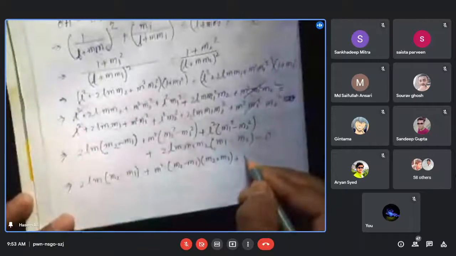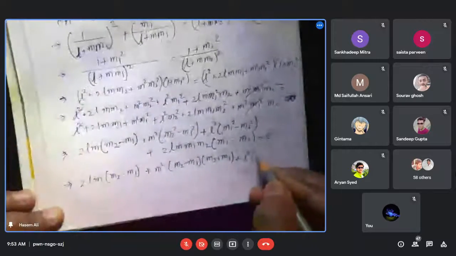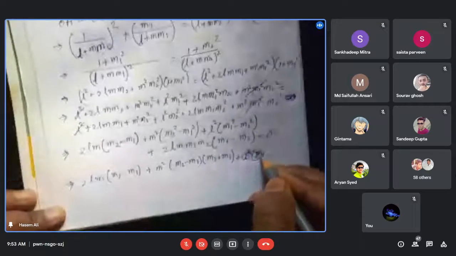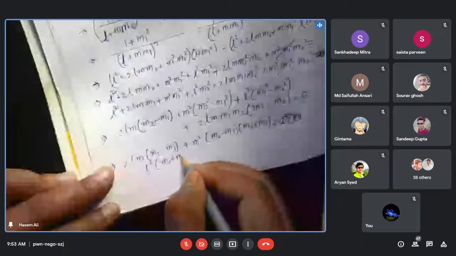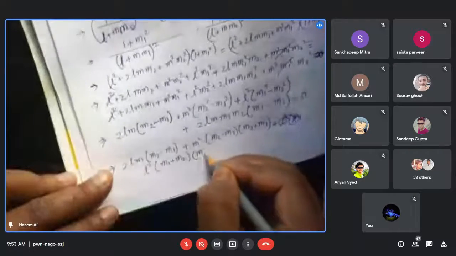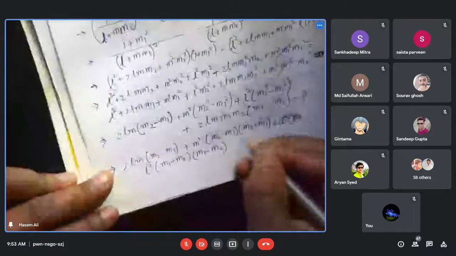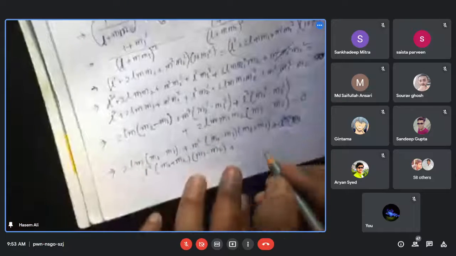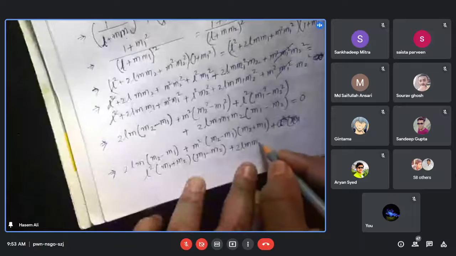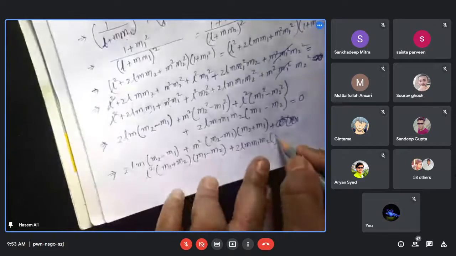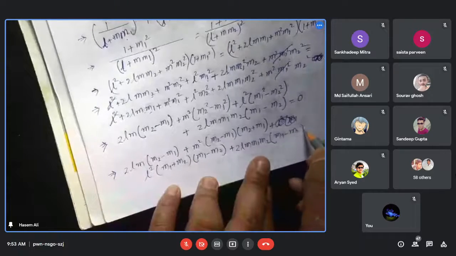This will be L square into m1 plus m2 into m1 minus m2 plus 2L m1 m2 into m1 minus m2.